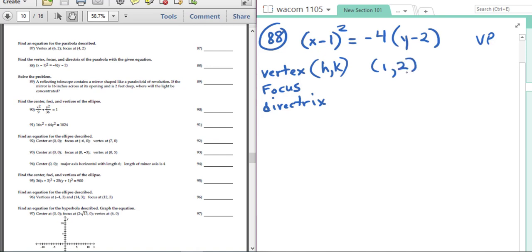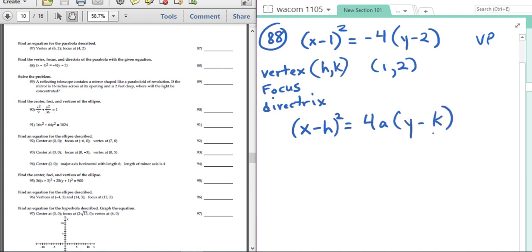So you're good there. For your focus, let's see, we need to know a. And our formula, I should have written this at the beginning. So x minus h squared equals 4a times y minus k.